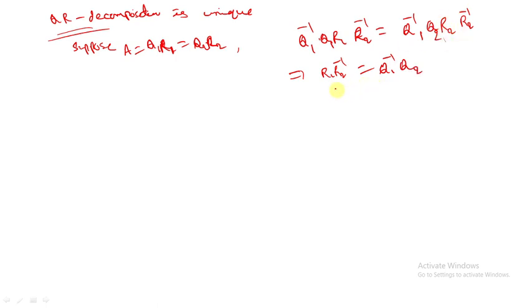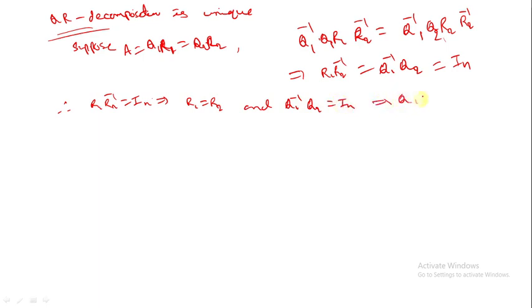Now R1 R2 inverse is upper triangular, and Q1 inverse Q2 is orthogonal. An upper triangular matrix equal to an orthogonal matrix is possible only when it is the identity matrix. Therefore R1 R2 inverse equal to identity means R1 equal to R2, and Q1 inverse Q2 equal to identity means Q1 equal to Q2.